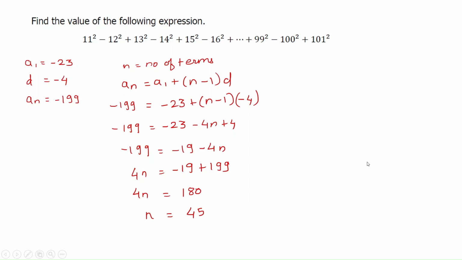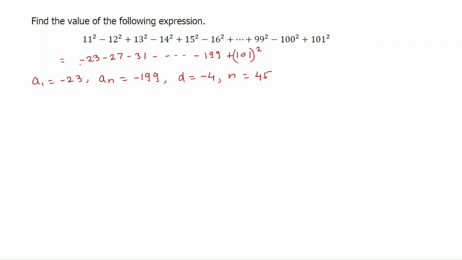Now let's find the sum of the progression. So now this is our arithmetic progression. First we have to find the sum of this arithmetic progression. To find the sum, we will use the formula Sn is equal to n upon 2 into a1 plus an.